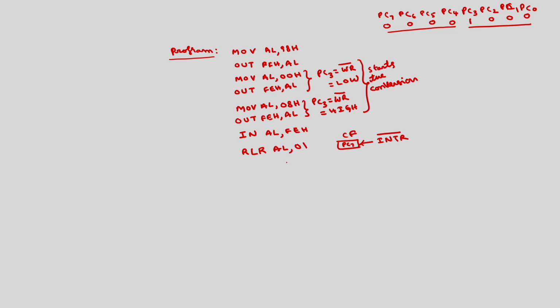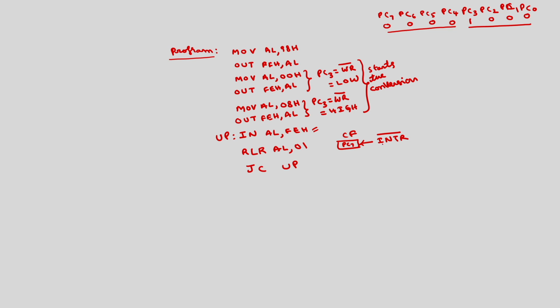If this is 0, jump on carry. If this is 1, that means carry, which means the conversion is not yet over. So, you have to wait here itself. You have to input this again, jump on carry to up. So, you have to continuously monitor PC7, which is equal to INTR bar.